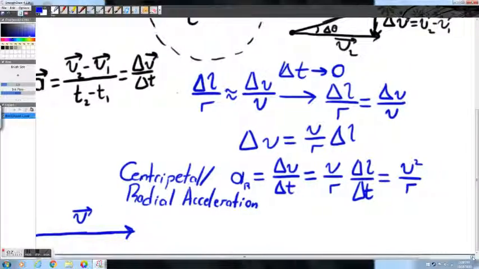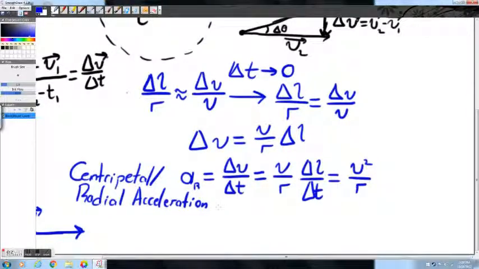So that's basically what we're saying here. But then what happens is that an inward acceleration, or a force, must be applied to this object to cause it to follow a curved path, and that force must be applied at all times to keep the object following this curved path.